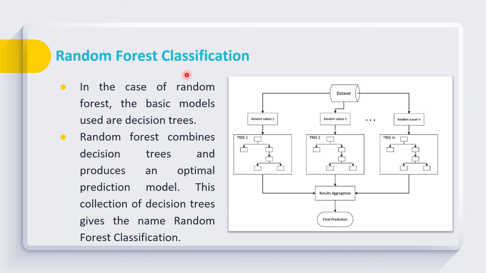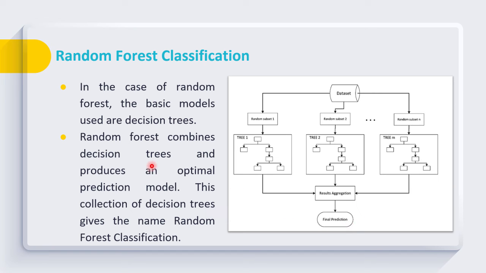Random Forest Classifier makes use of this ensemble learning process. The only difference is that all the basic models in this case are decision trees. So we have various decision trees which act as basic models, and every decision tree is trained on a subset of the dataset. These decision trees make their own predictions. Then the Random Forest Classifier aggregates all the results, and based on the majority it makes the final prediction.